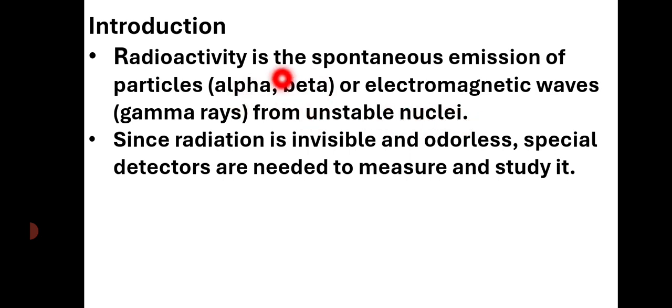That's okay to define radioactivity like this. So we are saying radioactivity is the spontaneous. Last time I explained the meaning of spontaneous. Spontaneous simply means the process takes place naturally without having to cause it.